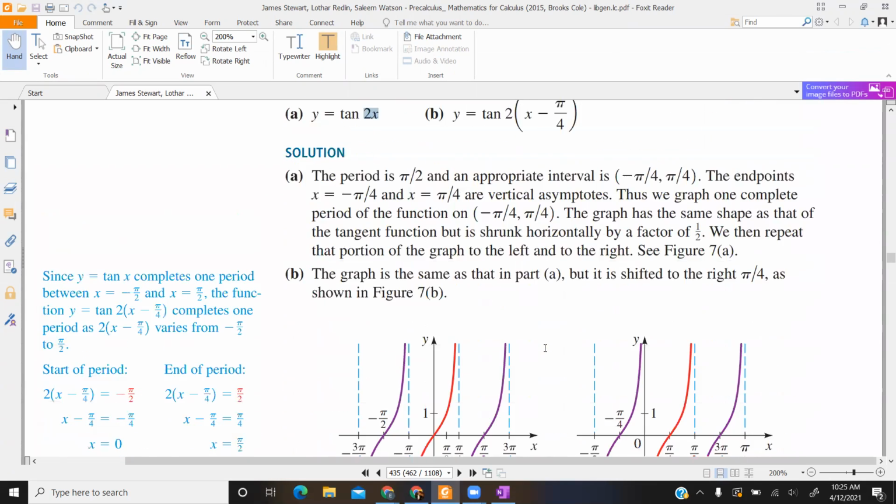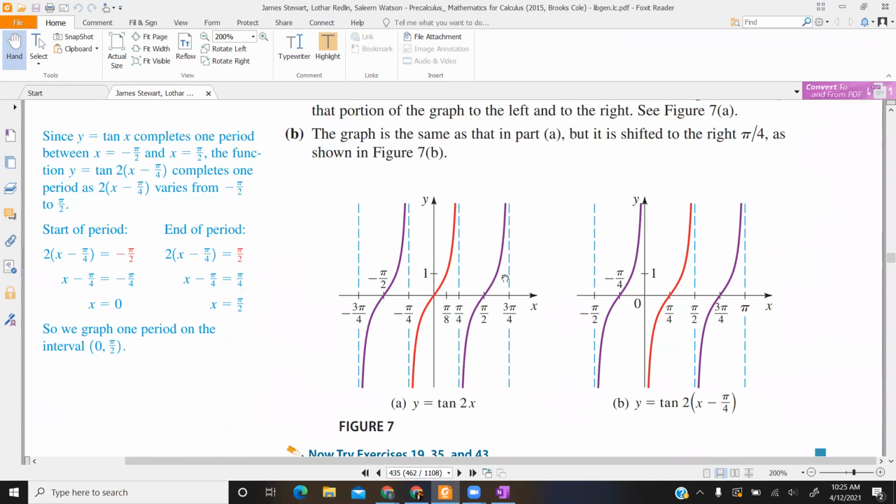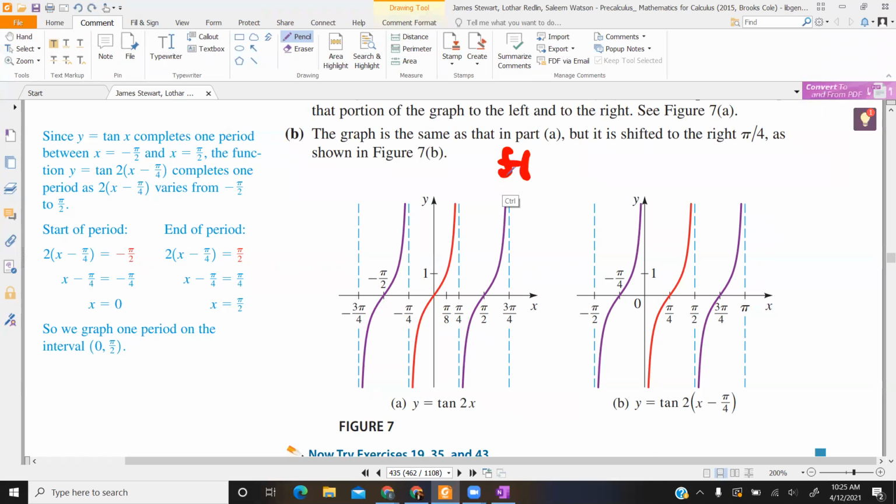And the graph almost looks the same as just tan x, but remember that there's a difference between multiplying the input first.